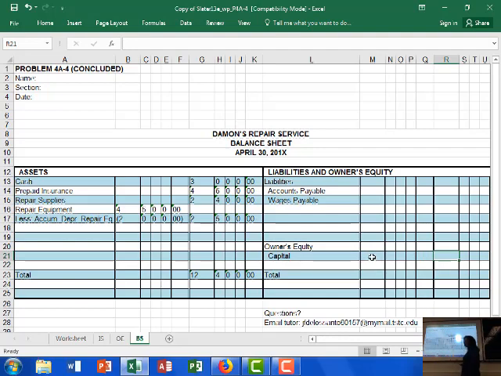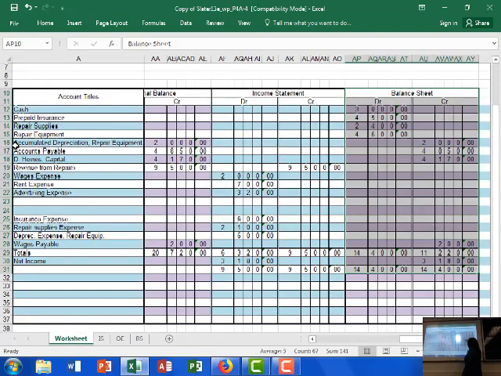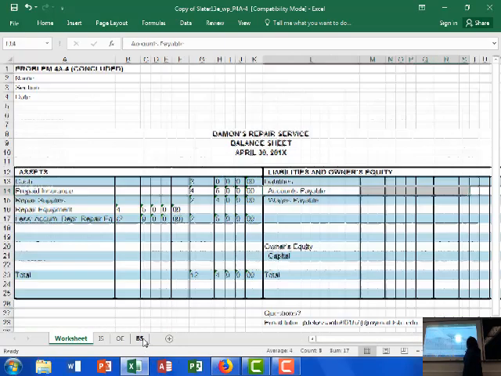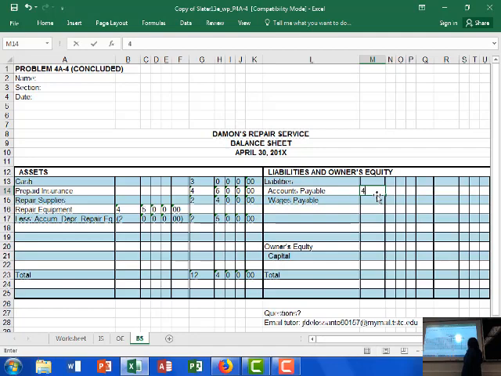So how much do we have in accounts payable? Remember, we're going to add these two, so we're going to start on this end. So how much do we have in accounts payable? 4,850.